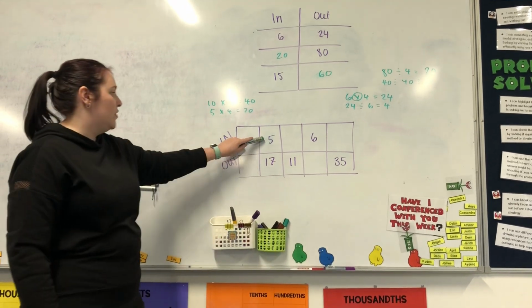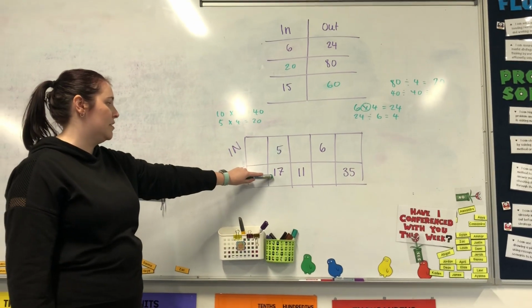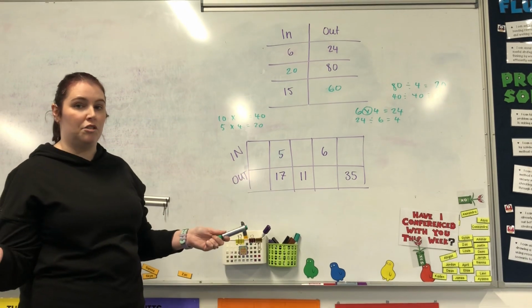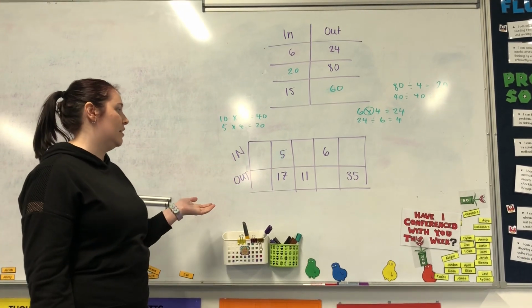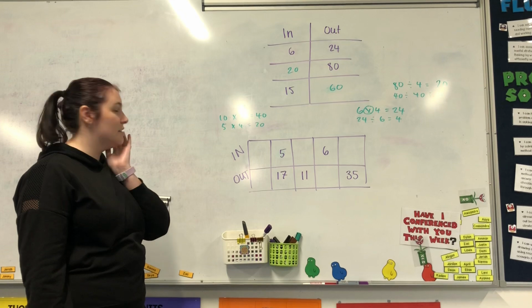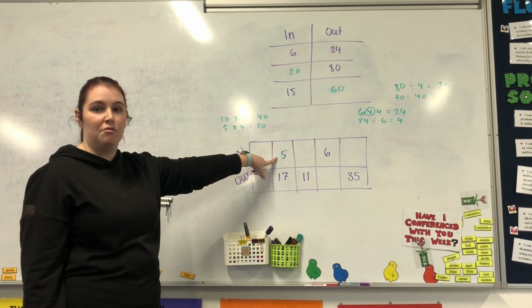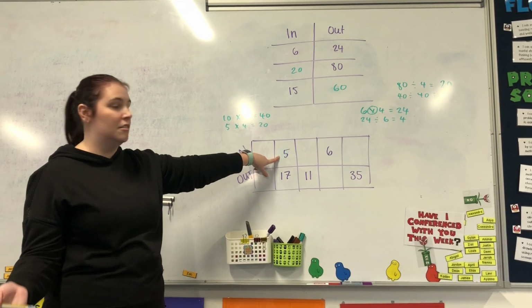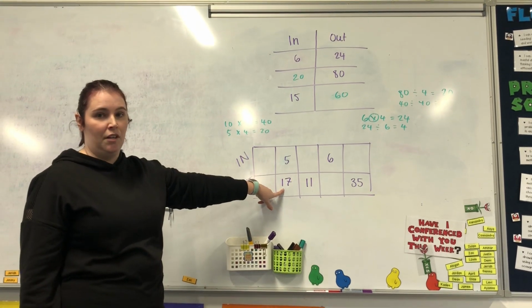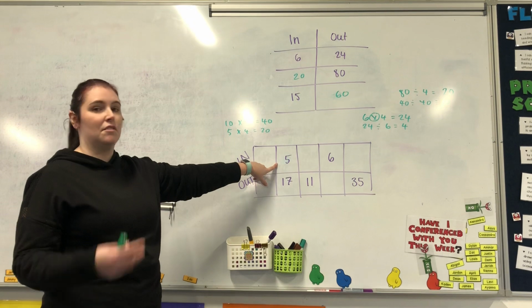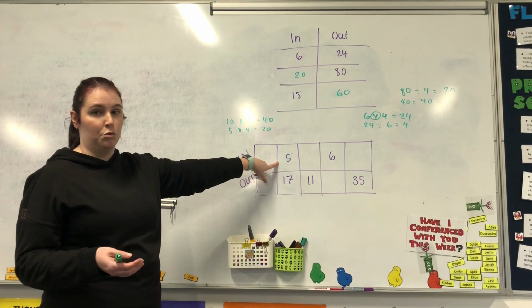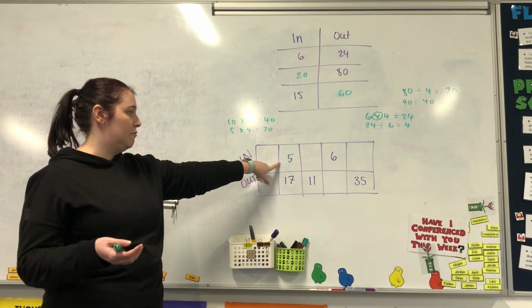If in goes 5 and out comes 17 and we're doing multiplication or division, I've got to work this out. Now, this is a bit trickier because I know anything multiplied by 5 would have to end in either a 5 or a 0, and this ends in a 7. So maybe this is a two-step rule, or a two-step function.